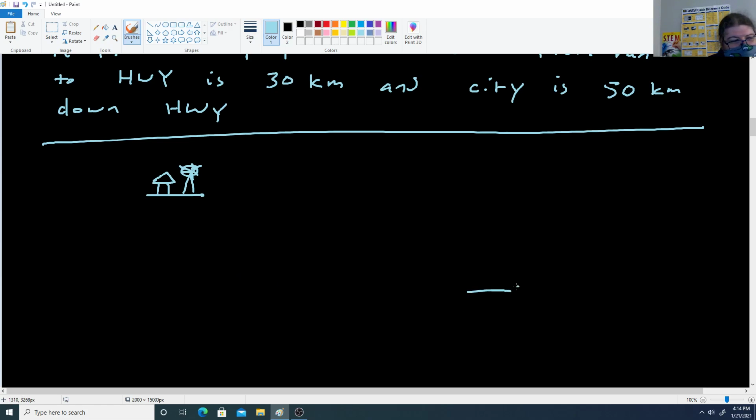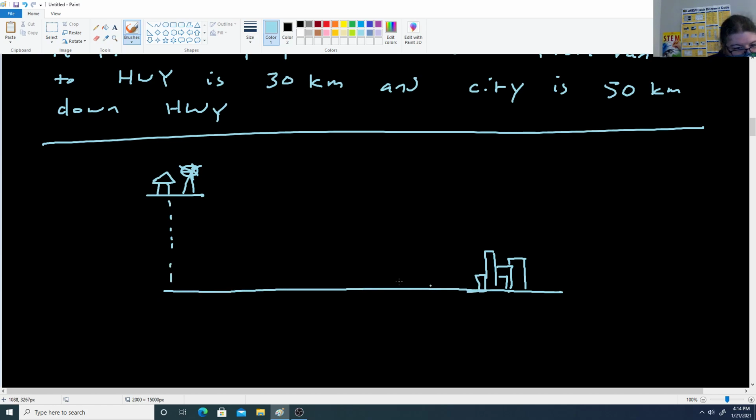And over here we got a city, that'll be our city. Okay, so the perpendicular distance from ranch over to the highway is 30 kilometers. And from here to here is 50.